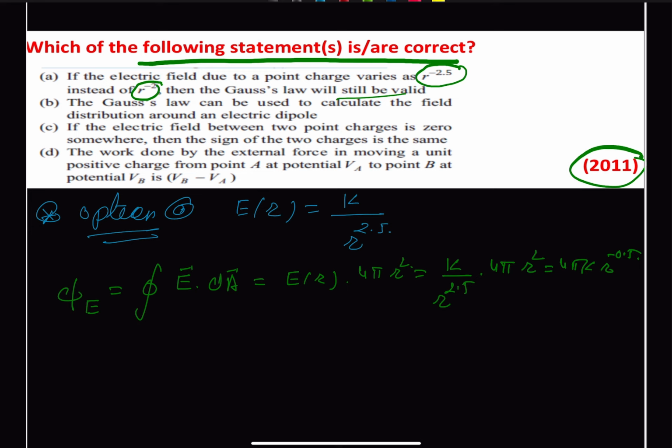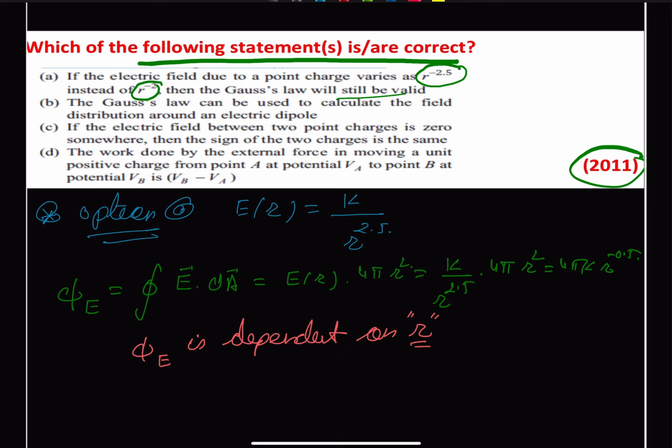So this tells us that our flux is dependent on r. We are not worried about the sign, we are only worried that it depends upon r.